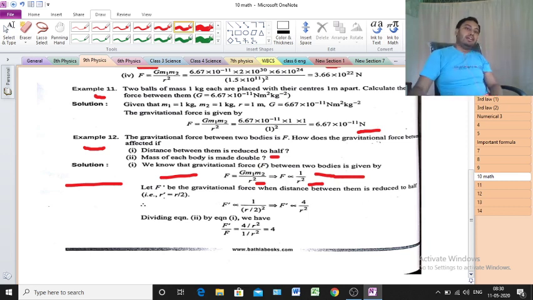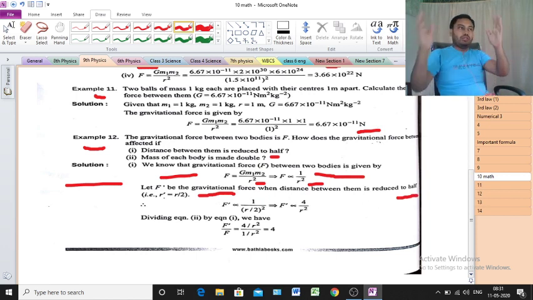Now let F prime, or F dash, be the gravitational force when the distance between them is reduced to half.